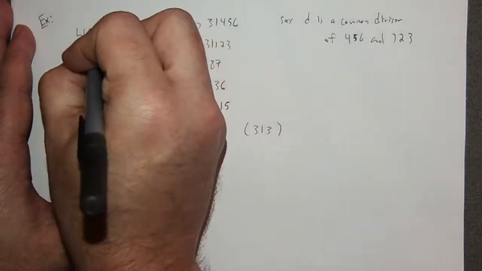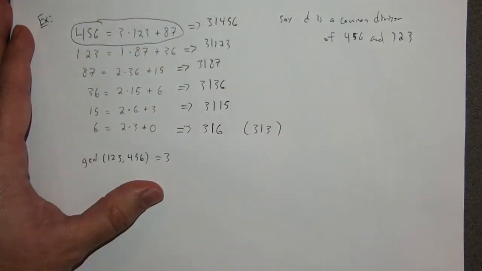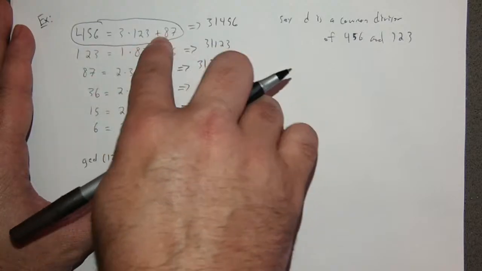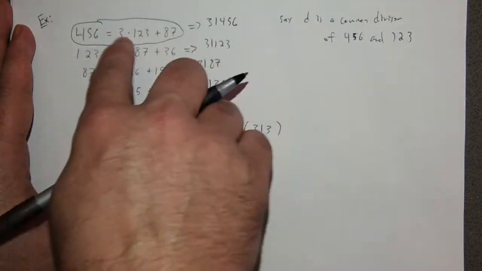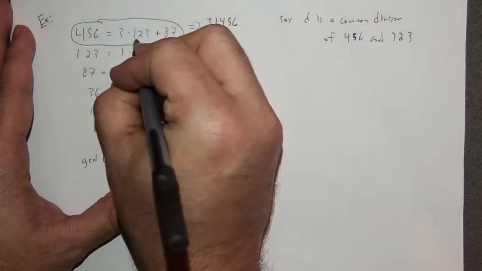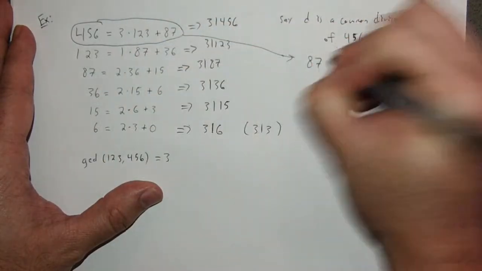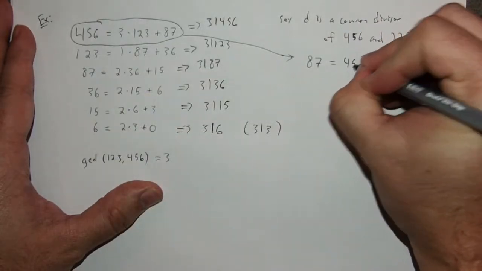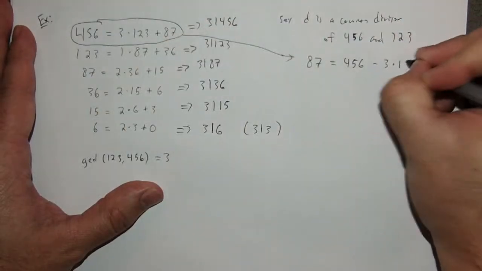But look at this first statement. If I rewrite this a little bit, if I subtract 3 times 123 from the right-hand side, what do I get? I get directly from this circled expression that 87 can be expressed as a linear combination, 456 minus 3 times 123.